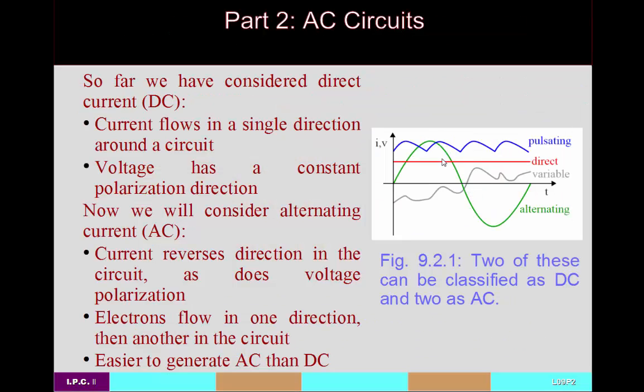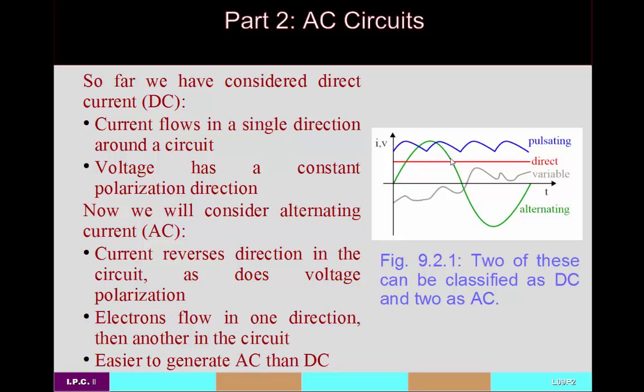On the other hand, we have also alternating currents, and both this variable current and this green line would represent sorts of alternating currents. Alternating current just means that the current reverses direction within the circuit, and so does the polarization of the voltage.